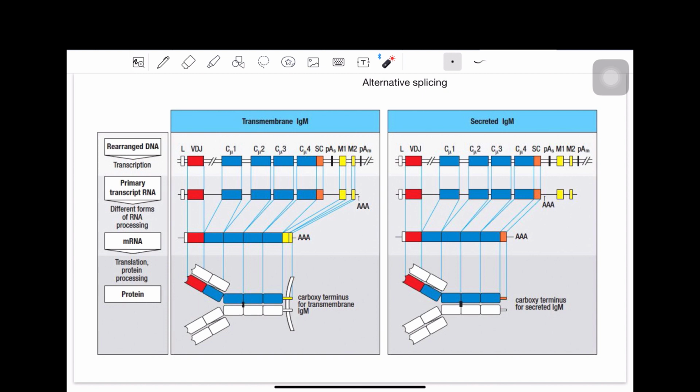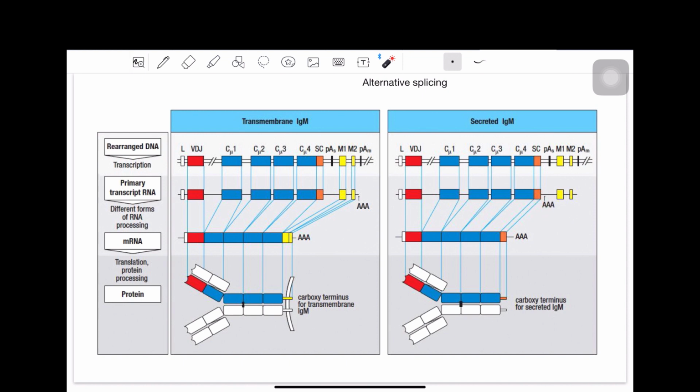Whereas in case of the secreted form of the IgM, these two sequences M1 and M2 are spliced out. So that is alternative splicing. For the same gene, the splicing is somewhat different in these two. Here we can see that this particular polyadenylation sequence is recognized, and therefore the polyadenylation is done at this end.